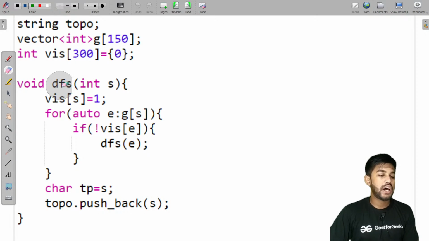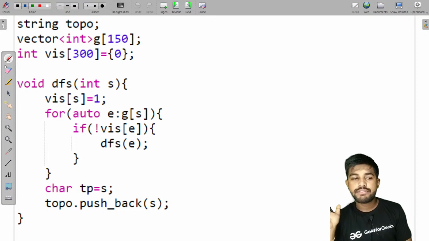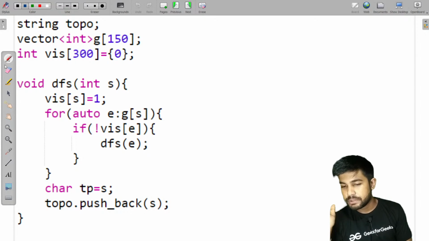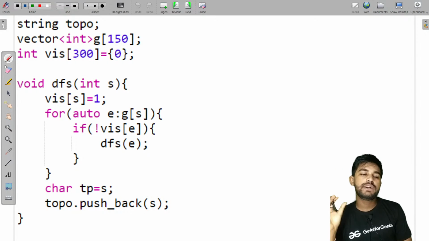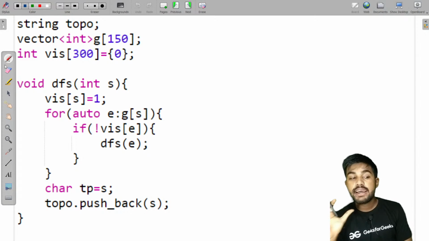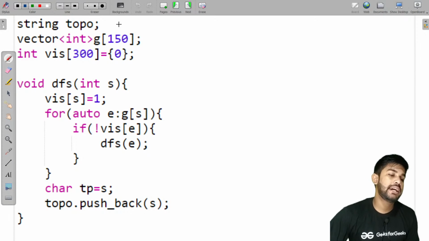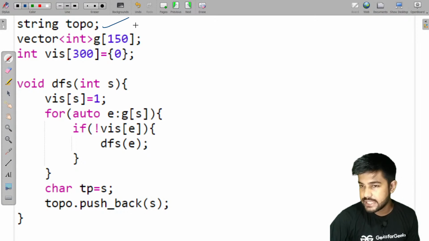Okay. So now we are doing the DFS. So I am a very big fan of declaring everything in the global space so that I don't need to pass everything in the function again and again. Okay. So I have declared a global topo which would tell me the answer.